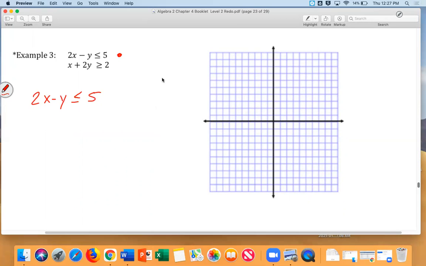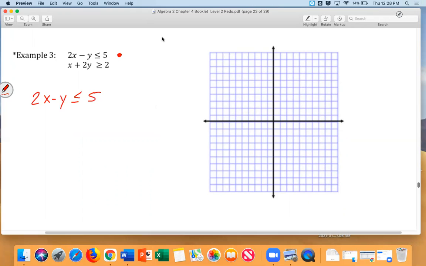You can only demonstrate or signify your solutions through a graph with these.